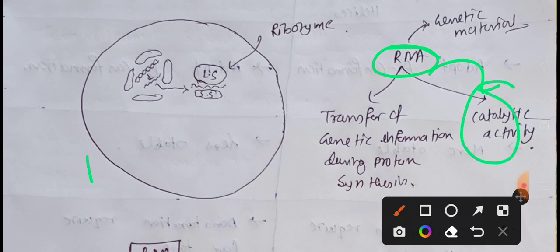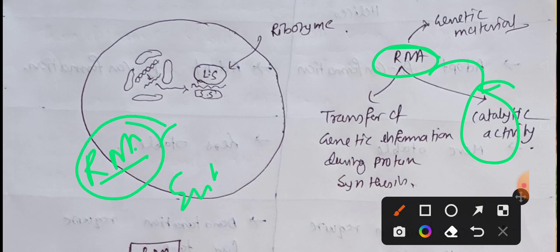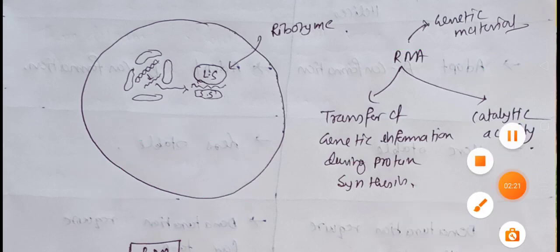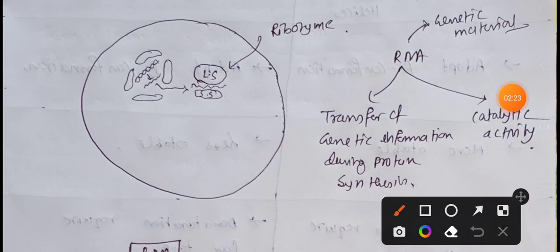That means there are some RNAs that have the ability to act as an enzyme, and we call those RNAs ribozymes. Let me change the color so that you can visualize it very well. I think this color will be better. So we have learned that RNA can act as a transfer of genetic information during protein synthesis, as well as some RNA have catalytic activity.